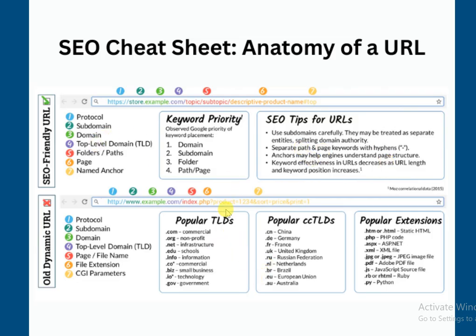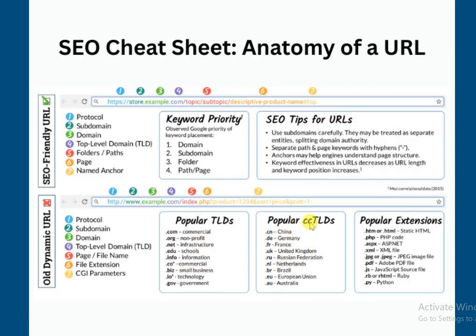Here are some of the popular TLDs, top level domains. .com is for global, .org is for non-profit, .net is infrastructure, .edu is for schools or education related sites, .info is informational, .co is commercial, .biz is for small businesses, .io is for technology, and .gov is for government related websites.